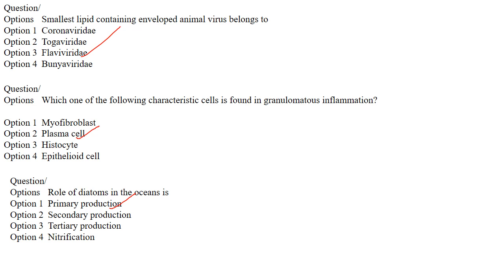So the characteristic cell found in granulomatous inflammation is plasma cell. Answer is option 2. Role of diatoms in ocean is primary production.